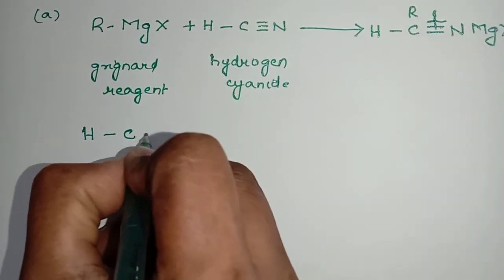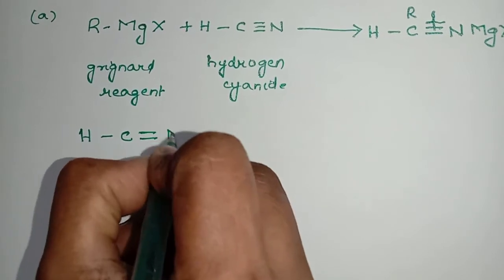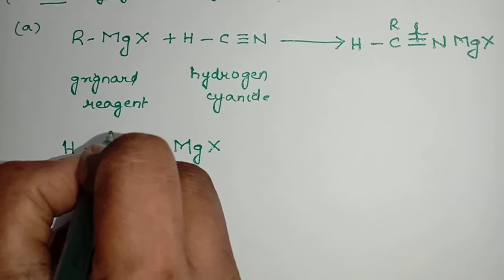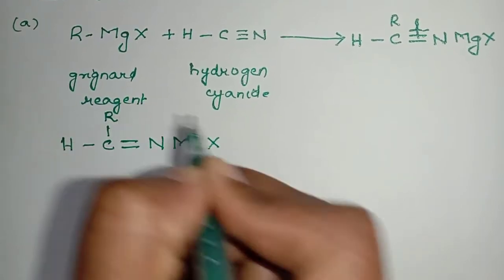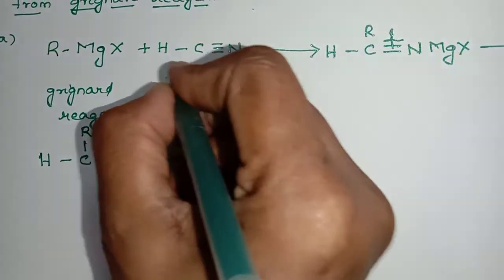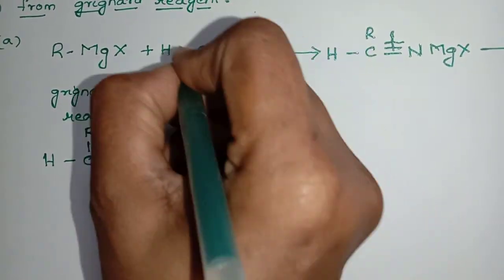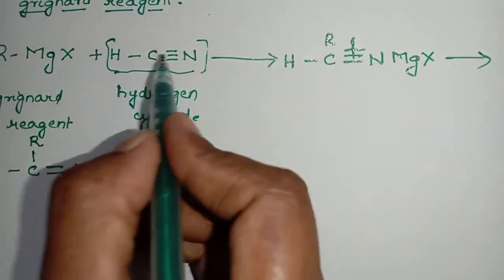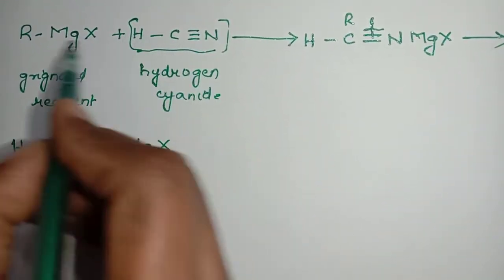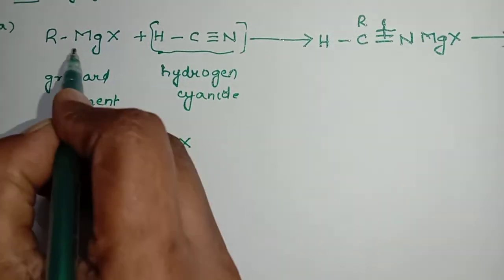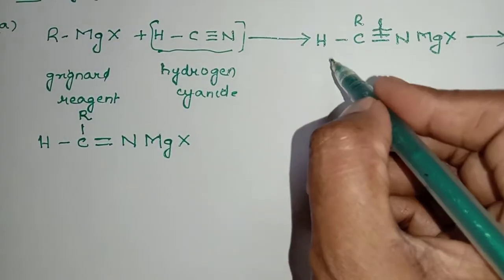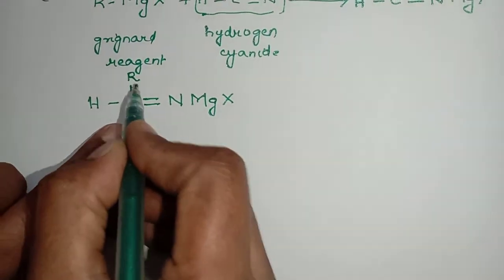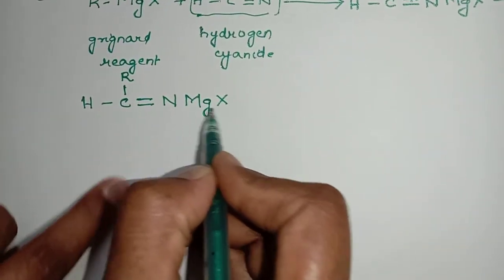HC double bond N MgX, and here comes R. I have written it here separately so that it will be clear to you. One of the pi bonds breaks and R comes to carbon, MgX goes to nitrogen. So HCR double bond N MgX.